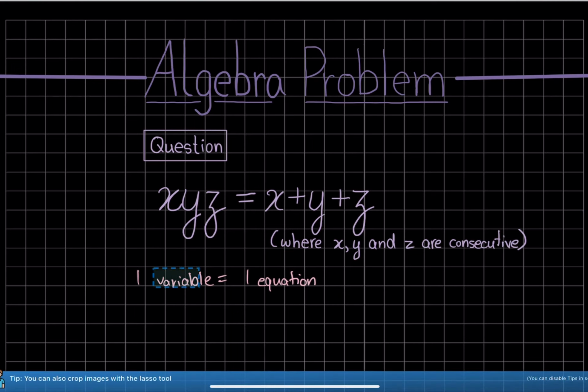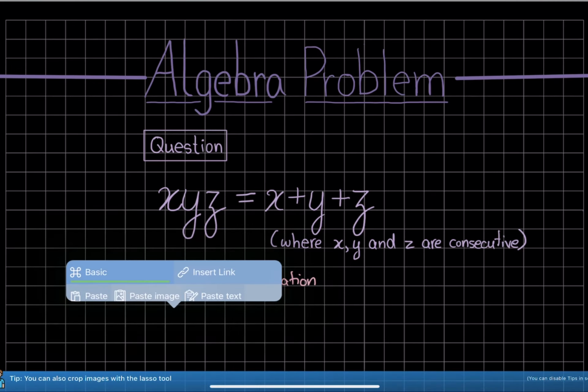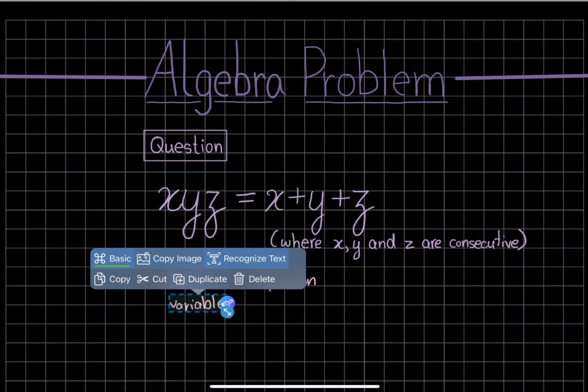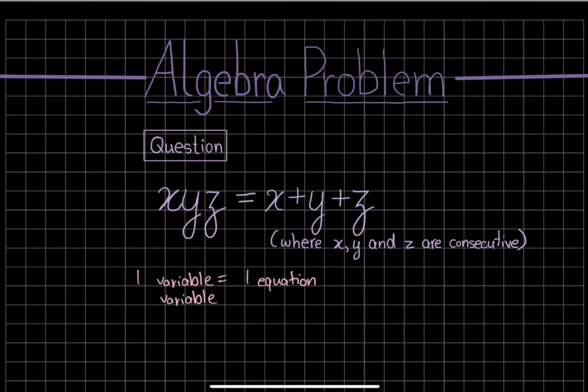But then if we had 2 variables, we need 2 equations, and so on. So how do we solve this? Because we have 3 variables, and we only have 1 equation. So how are we supposed to solve this?